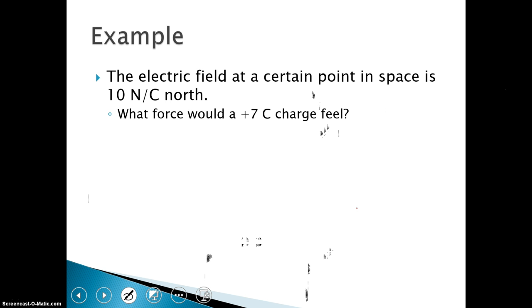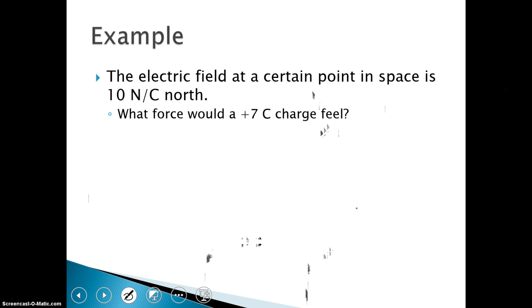So there's only one example, so make sure that you get this one example. The electric field at a certain point in space is 10 newtons per coulomb north. What force would a positive 7 coulomb charge feel?